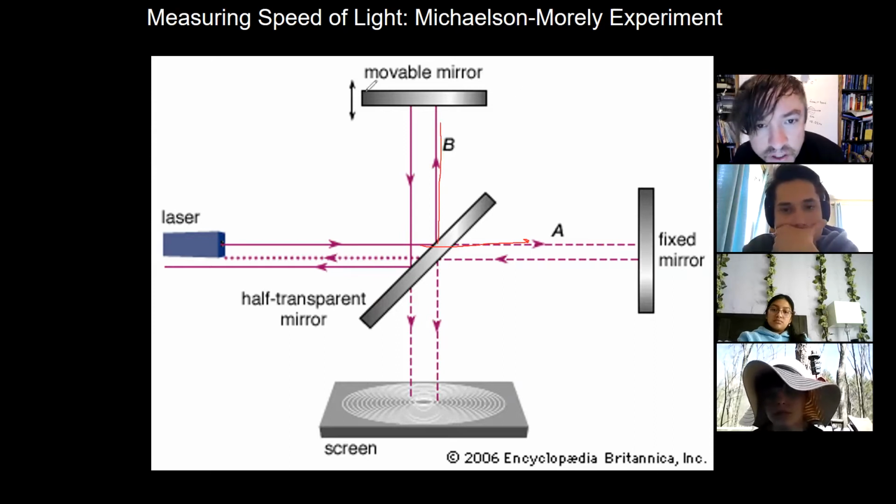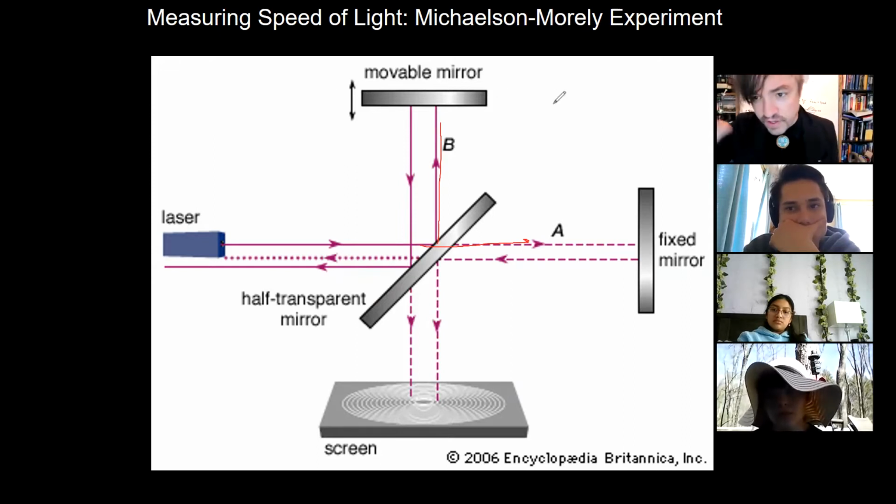Now what I do is I put two mirrors at some distance from the half-silvered mirror. Mirror A is fixed in position, but mirror B can have a fine degree of precision movement with a really, really hypersensitive threaded screw. And if you have enough threads in the screw, you can move the mirror by microscopic amounts, like micron amounts with each twist of the screw.